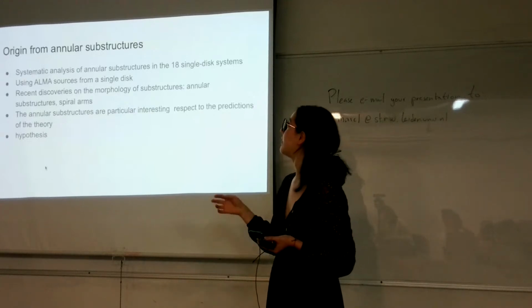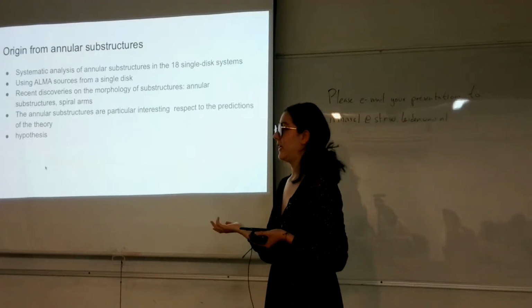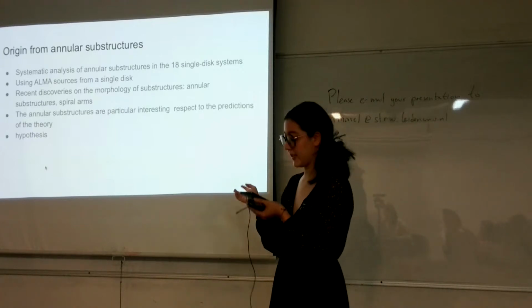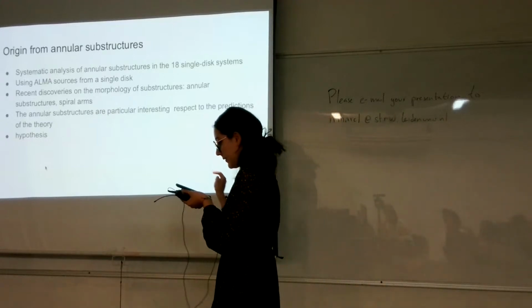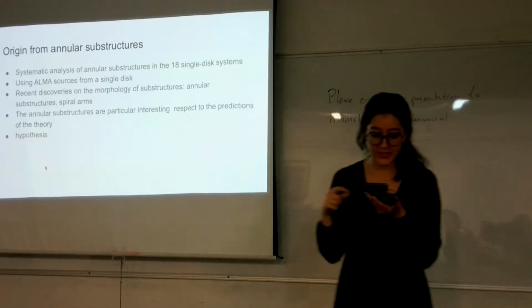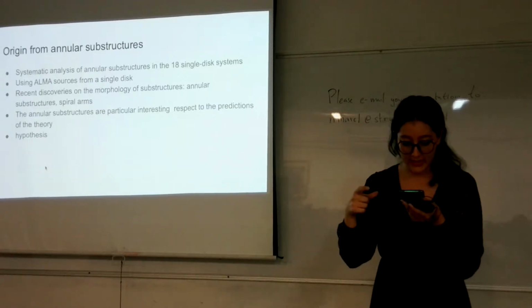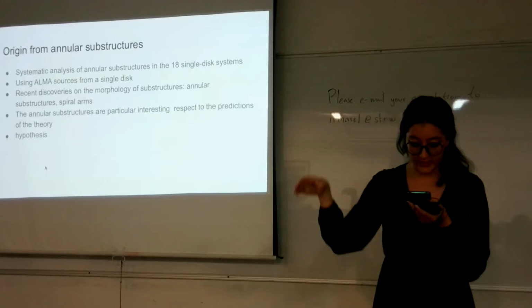So why are the researchers focusing on annular substructure? Because numerical simulations have predicted that a massive enough protoplanet will trigger density waves that will eventually create gaps in the disk.